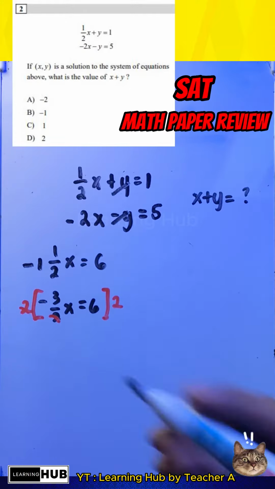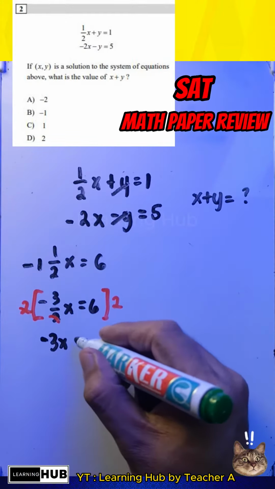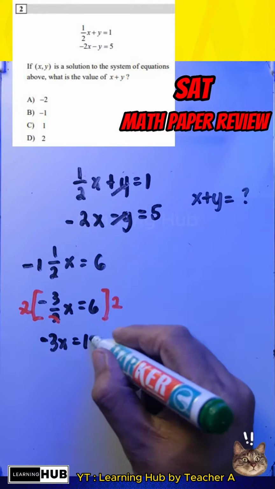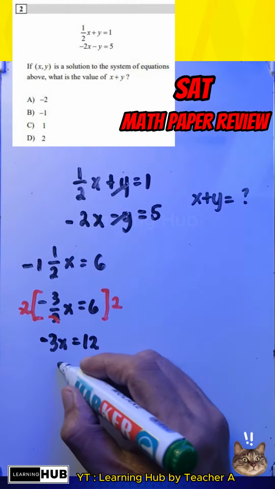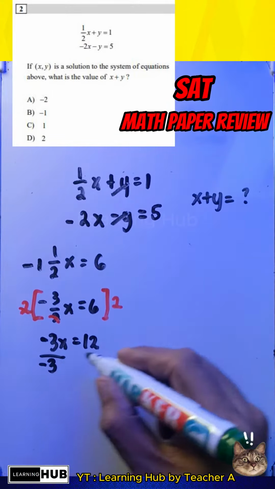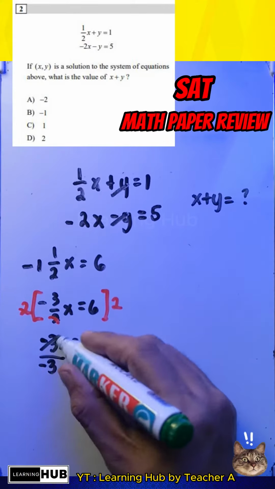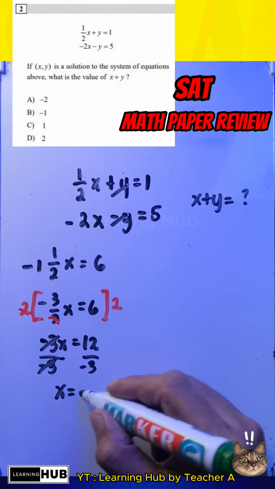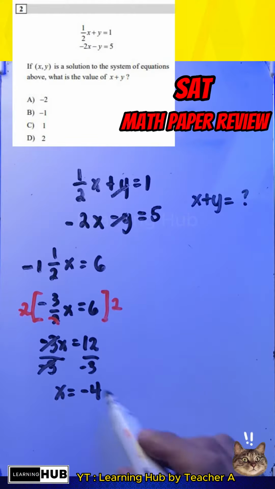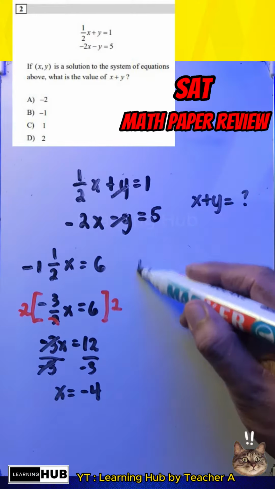That is negative 3x is equal to 12. Divide both sides by negative 3. x will be negative 4. So we have already our value for x.